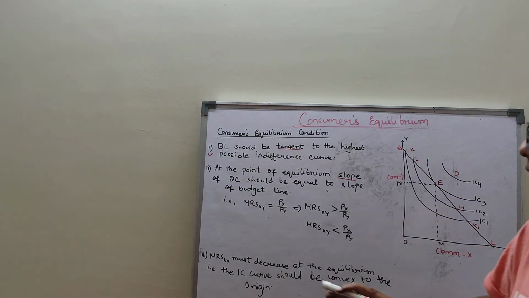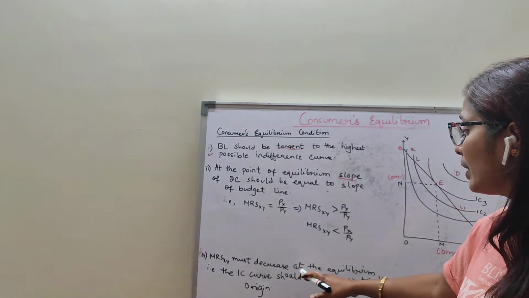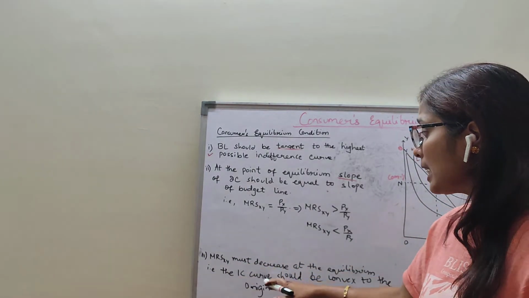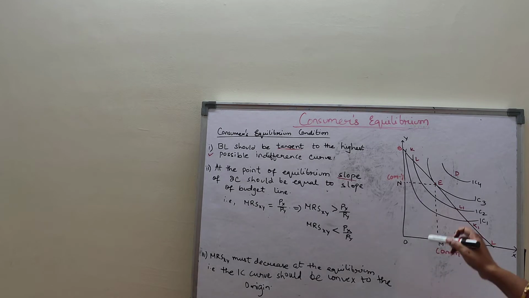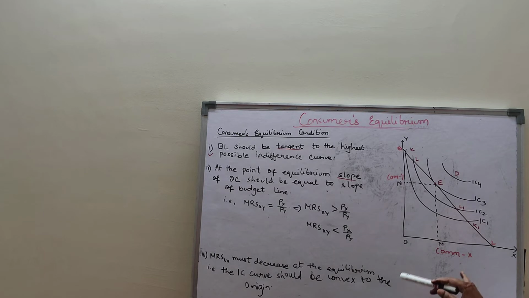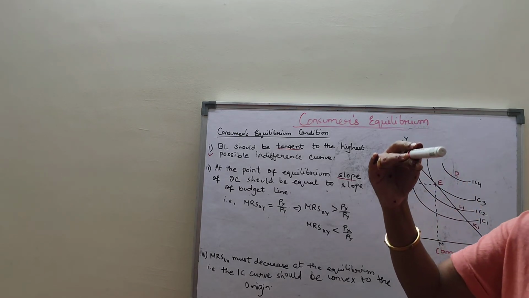Clear? Third point: MRS must decrease at the equilibrium. That is, the IC curve should be convex to the origin. This is the convex shape. Why is the IC curve convex to the origin? Due to the law of diminishing marginal rate of substitution. That means, as the consumer consumes more units of X, his satisfaction level for X falls.